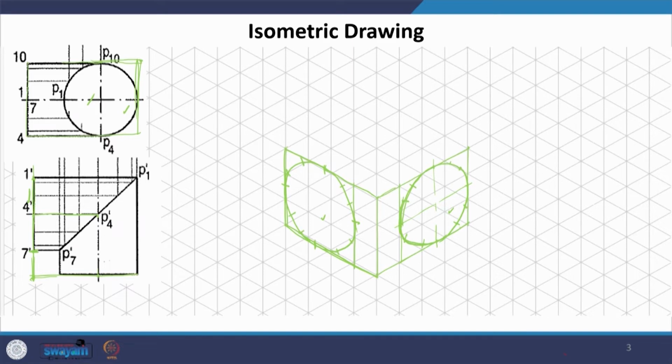So, we know the height of them and we know the distances of them. So, we see that they are meeting somewhere here. Same thing we can do for this point 1, which is here. Okay. So, it goes to the back and this one further goes to the back and it meets there.